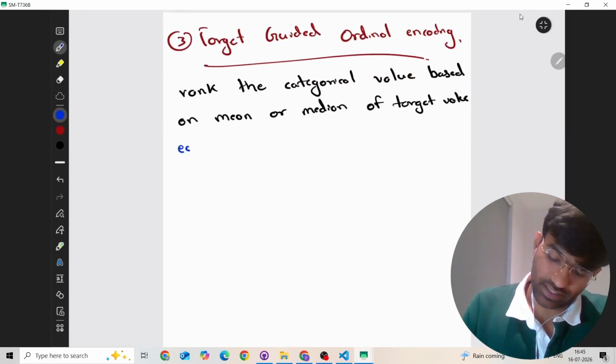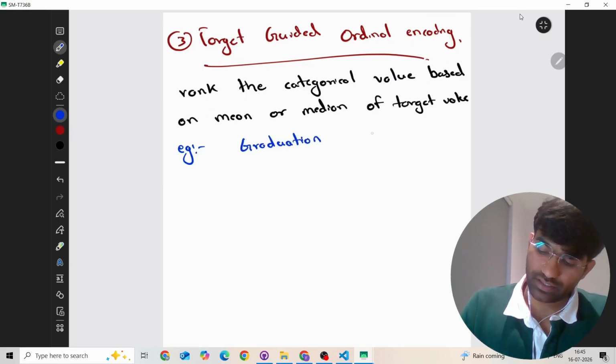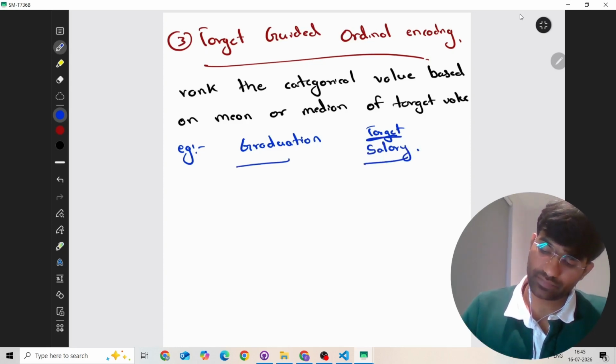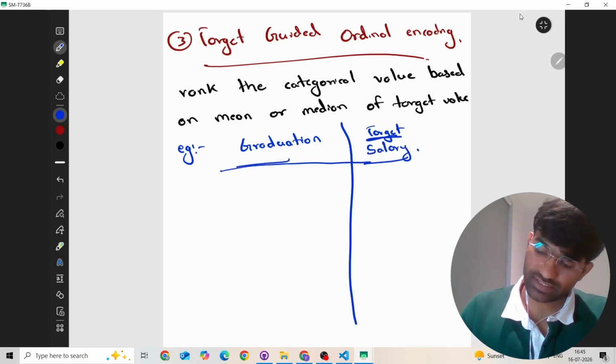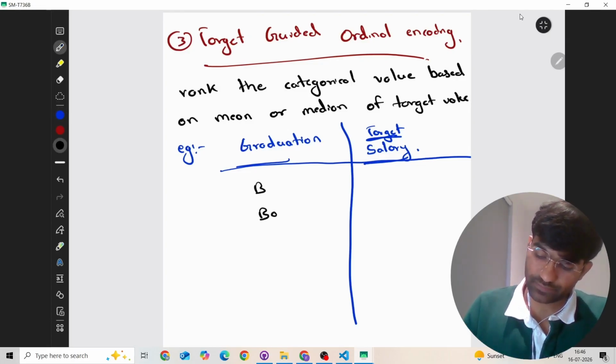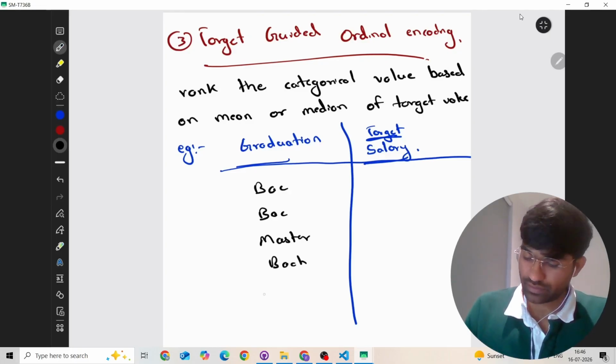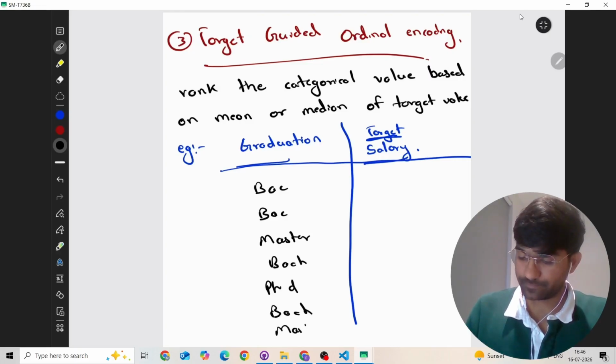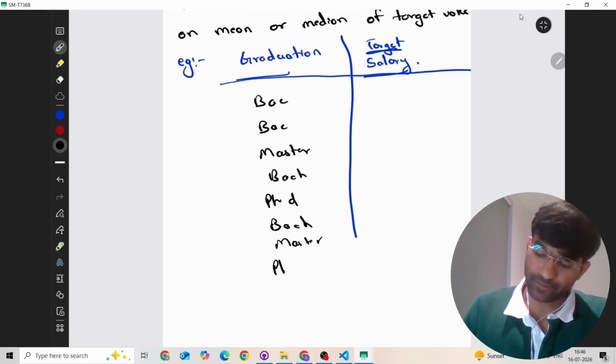Let's consider an example. Here the categorical column is graduation and the target column is salary. Okay, the target column is salary. Bachelor's, master's, bachelor, PhD, again bachelor, master, PhD.